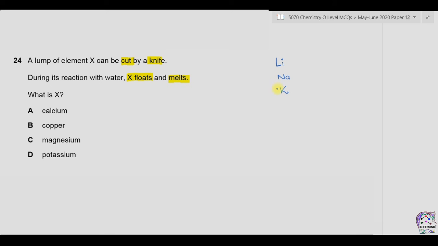And also they are very highly reactive, so the reaction is highly exothermic, so therefore they melt upon reaction. Now among these three, potassium is the softest metal, so it could be easily cut by the knife. Now moving towards the option, we have calcium, copper, magnesium and potassium. So the answer is D.